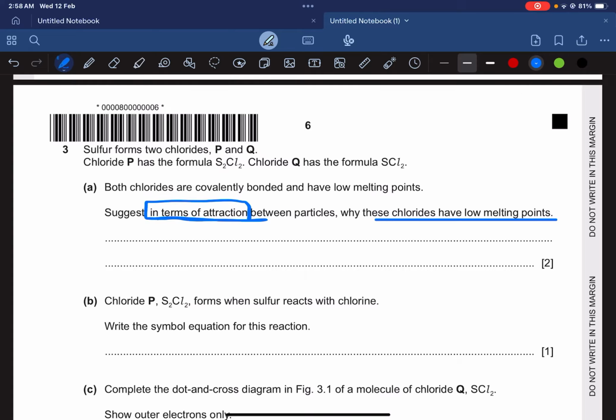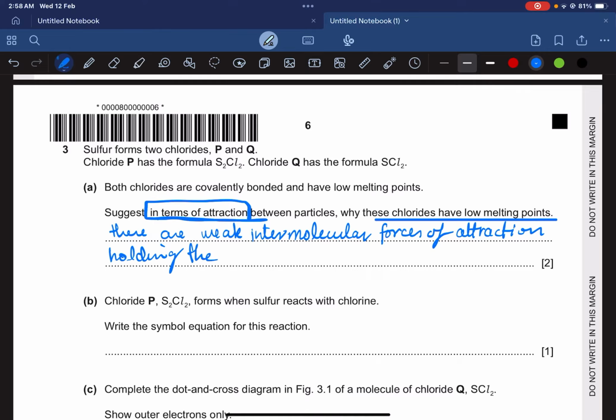So we can phrase our answer like, there are weak intermolecular forces of attraction holding the molecules together, which need a less amount of heat energy to be overcome.